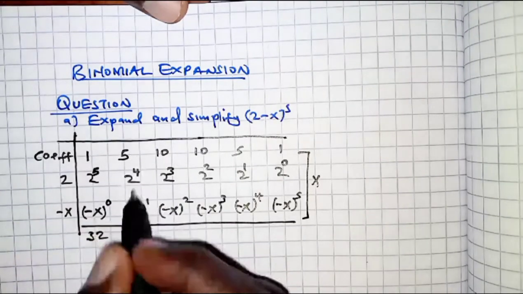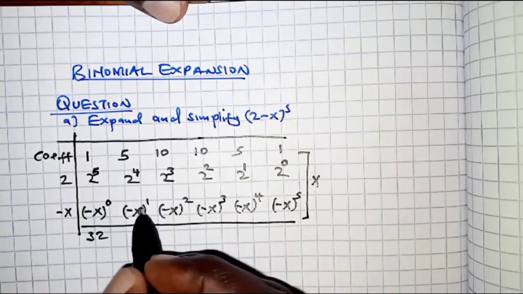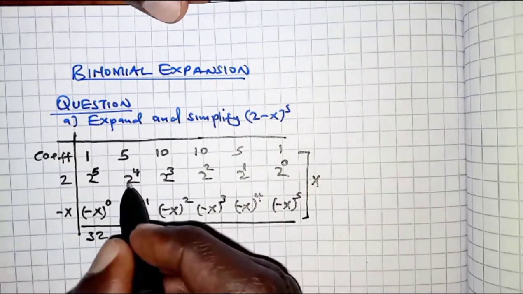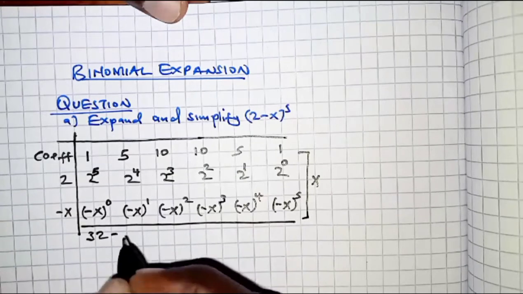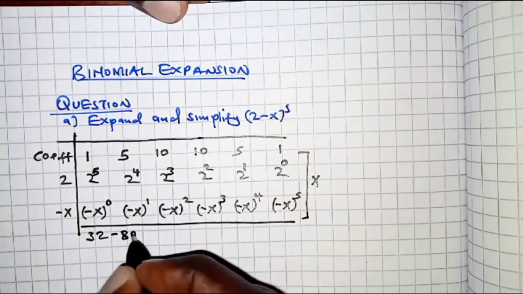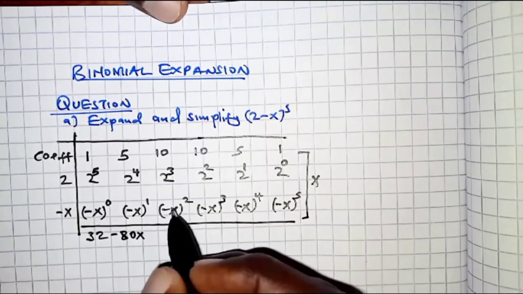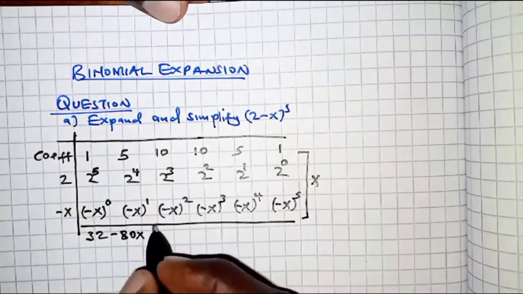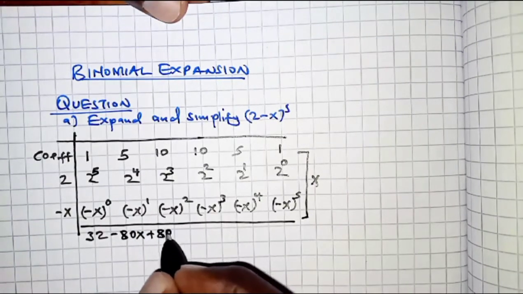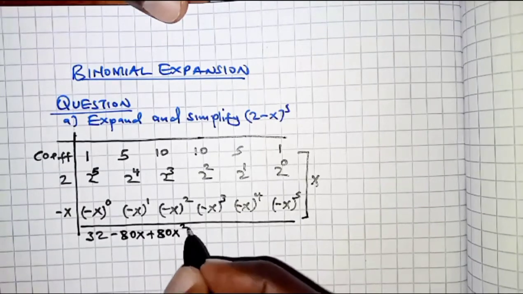Then in this next column, we have negative x power 1 times 16 times 5, so that gives us negative 80x. Then this is positive x squared times 8 times 10, so that is plus 80x squared.